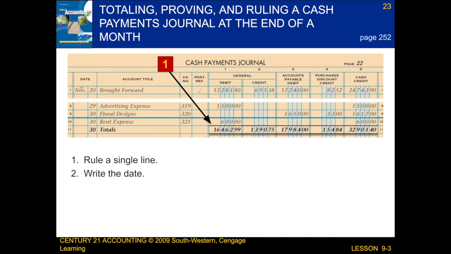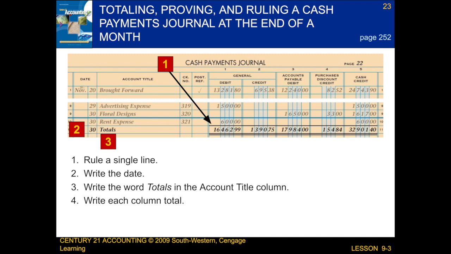Next, we write the date. After that, we write the word totals in the account title column. Next, we write each column total. And finally, we draw a double line rule.